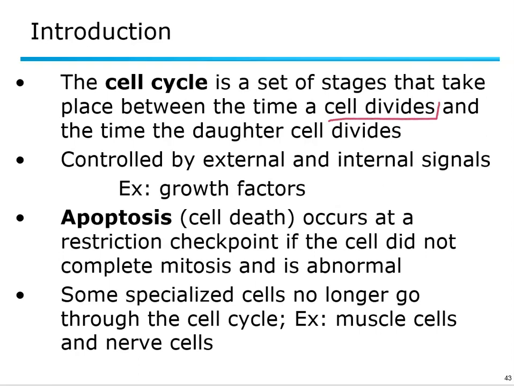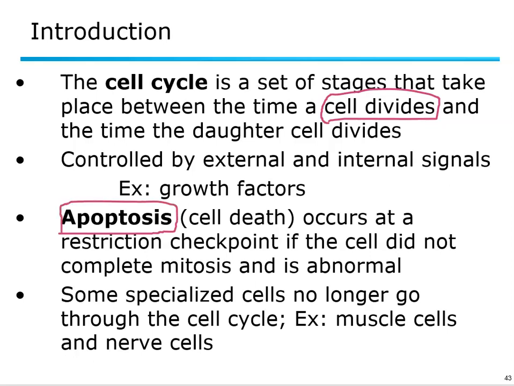The cell cycle, including the division of the cell, is a series of stages that take place between the regular time and the cell division. Another important concept here is the cell death schedule.